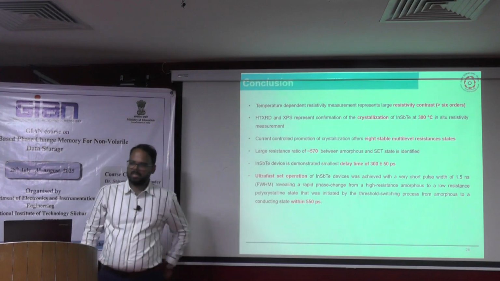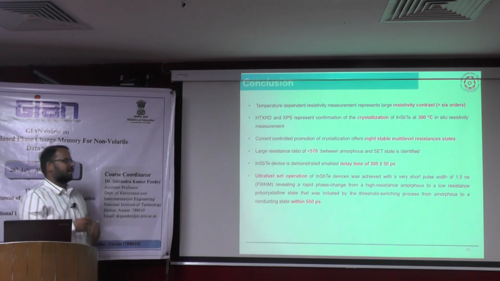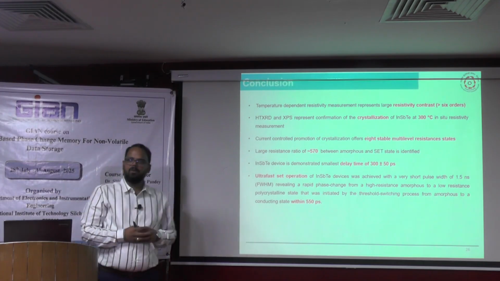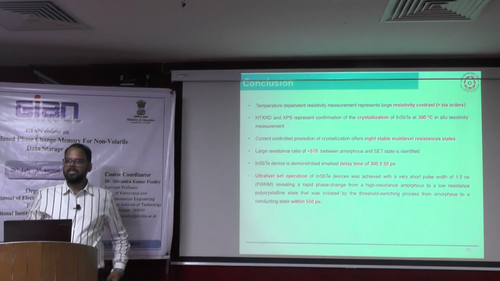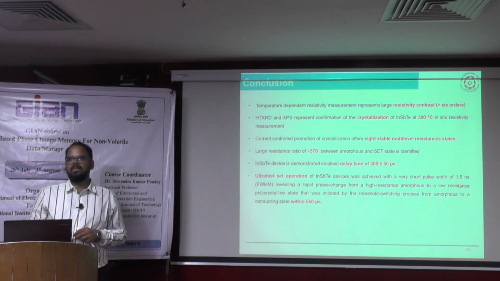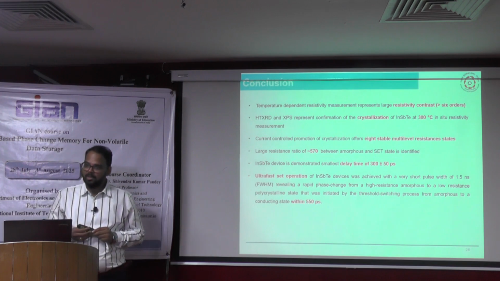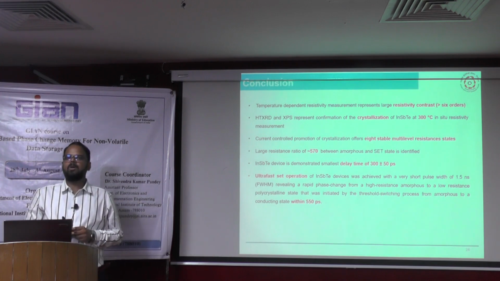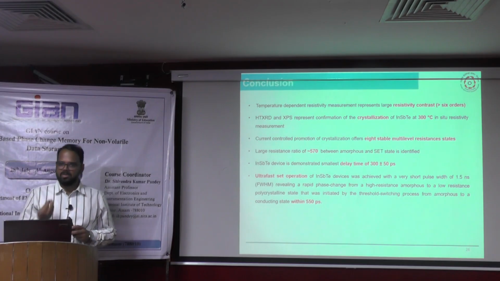So this is the conclusion with respect to the multi-level operation, where we have seen the pulse duration based and pulse amplitude based schemes, and what the multi-level storage mechanism is, how we can do that by having control on pulse duration and pulse magnitude.